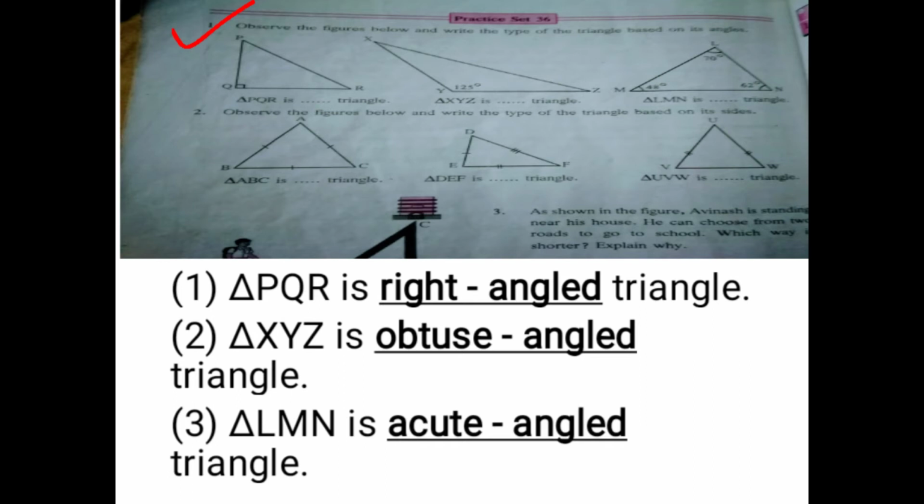Now we'll do question number 2. Observe the figures below and write the type of the triangle based on its sides. First one, triangle ABC. What type of triangle is it?